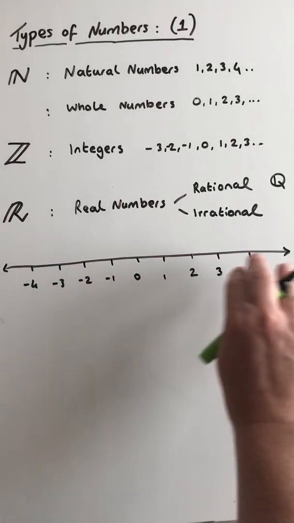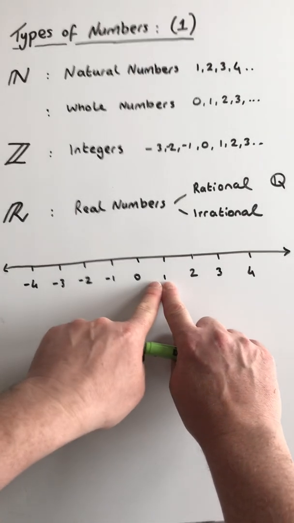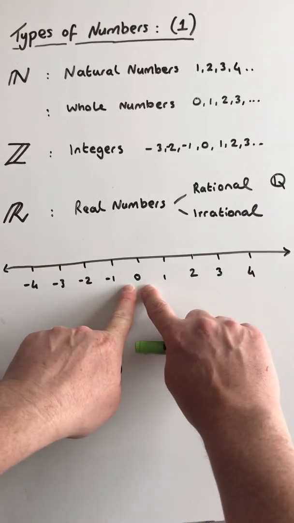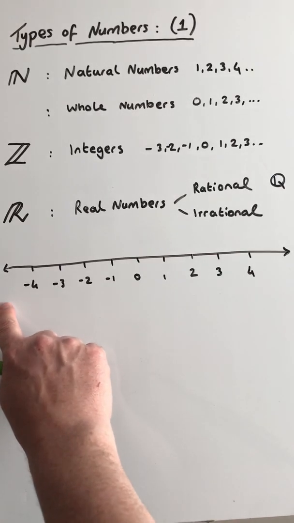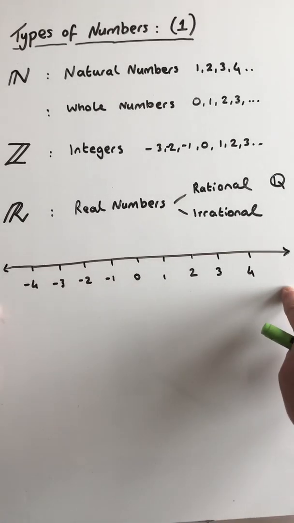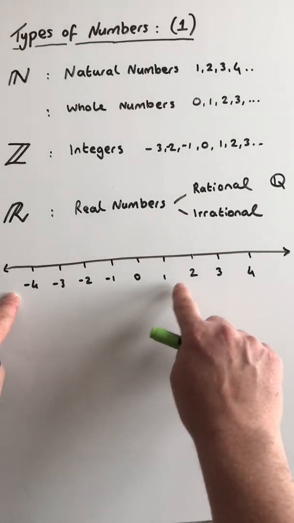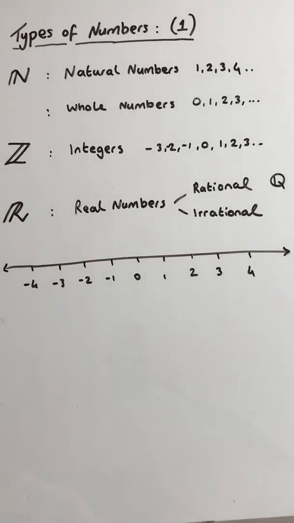Right, and this infinite number line. Okay, so we've got our natural numbers, our whole numbers, our real numbers, okay, our integers, but the real numbers can be split into two categories, rational and irrational.